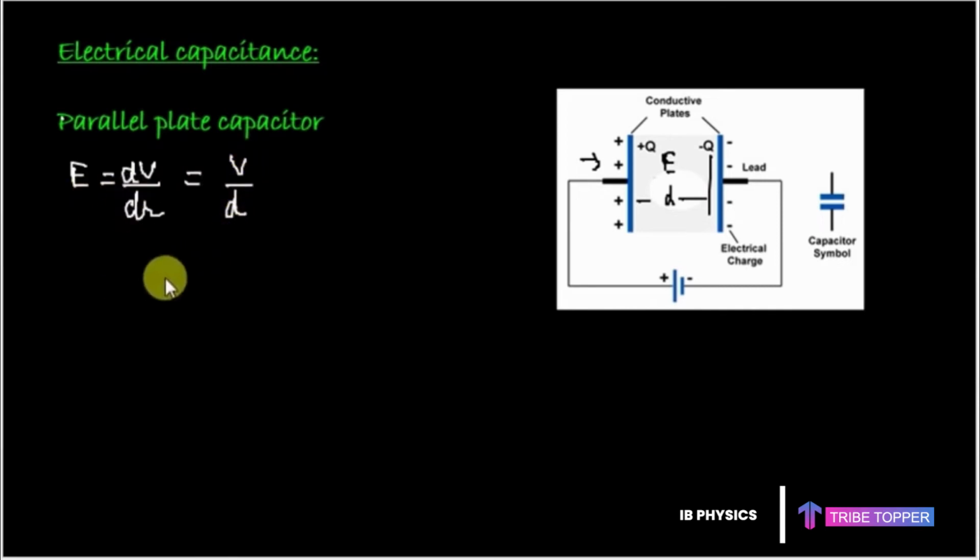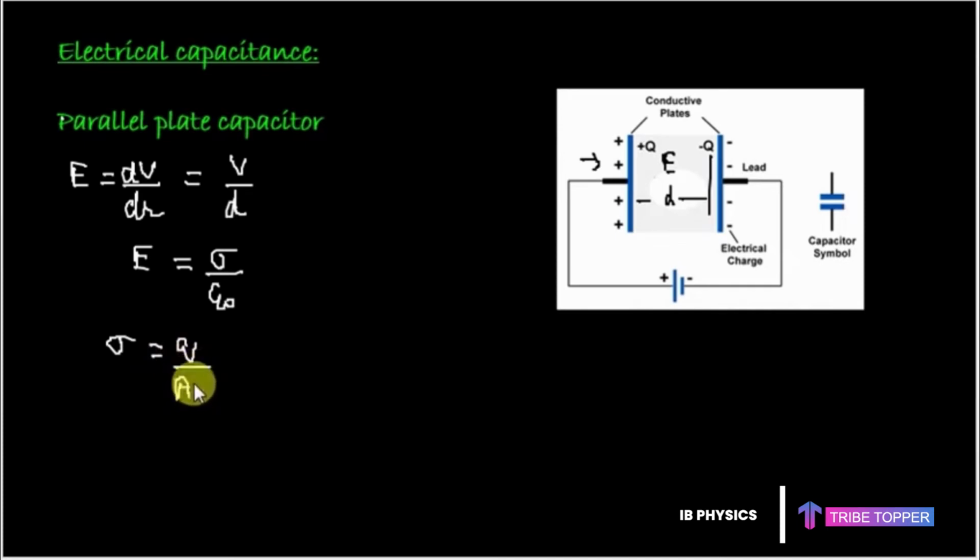We have already seen that the electric field between two parallel plates is equal to sigma over epsilon naught, where sigma is the surface charge density, that is, charge per unit area.